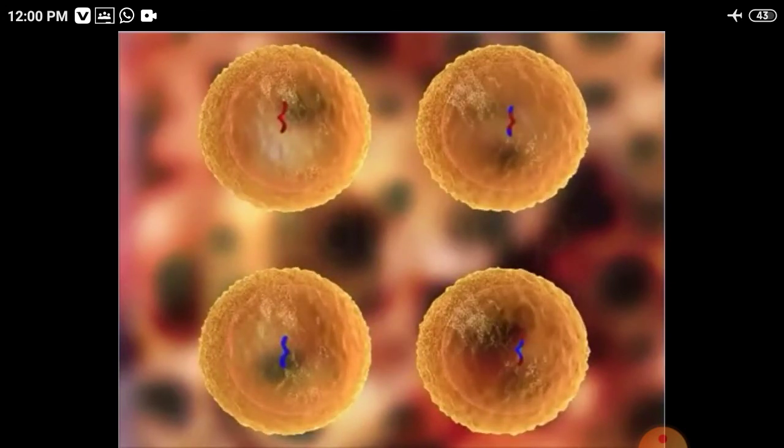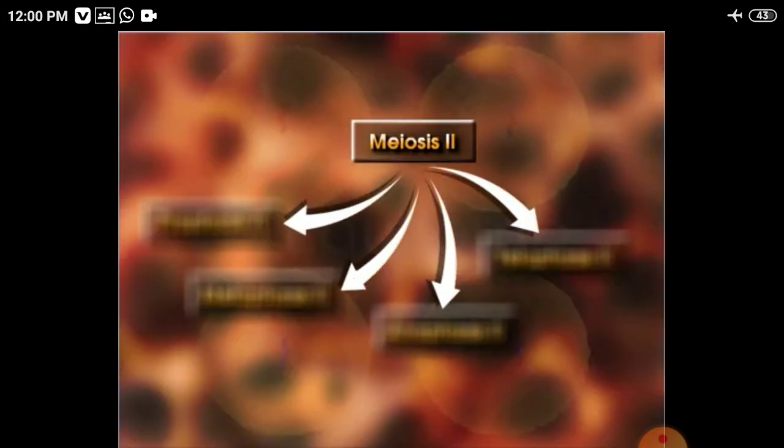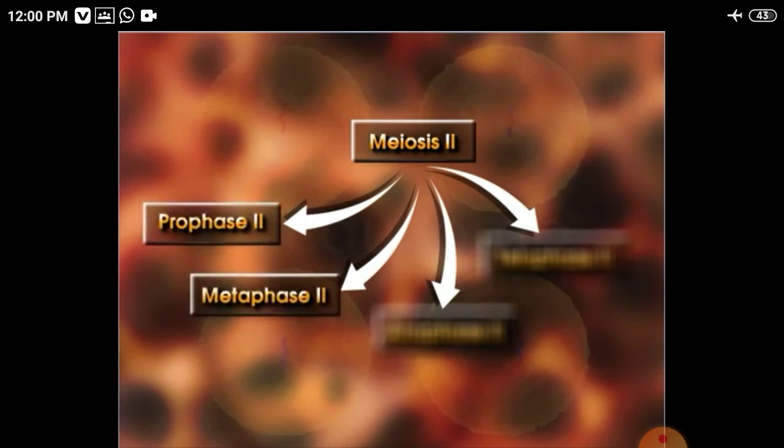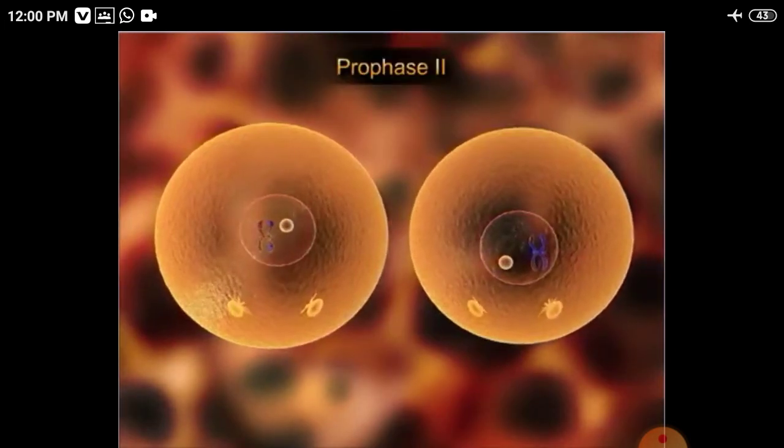As both the daughter cells produced from meiosis I undergo meiosis II, the final result of meiosis II is 4 haploid daughter cells. Like meiosis I, meiosis II can also be divided into 4 stages. These are prophase II, metaphase II, anaphase II, and telophase II. Prophase II is very short.